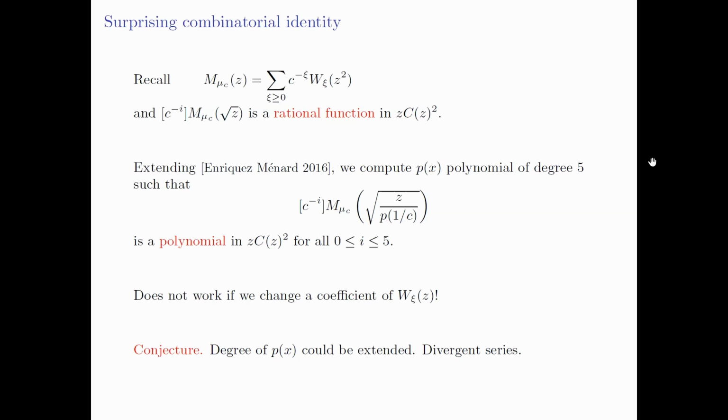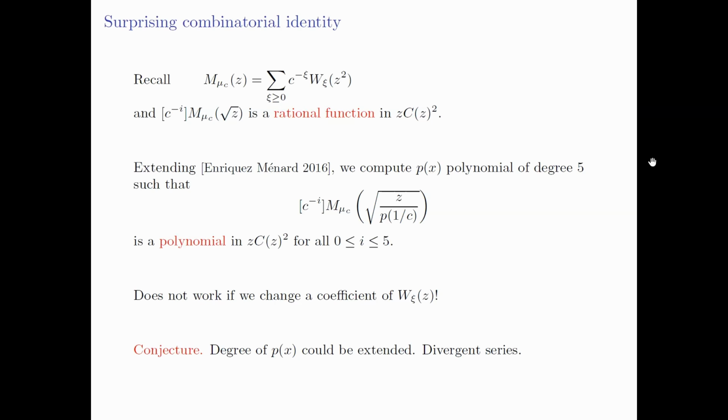So recall that when you look at the ordinary moment generating function and extract the coefficient in C, you get a rational function in C squared. But if we divide by just the right polynomial P in 1 over C and extract the coefficients, if we choose P just right, we can have polynomials in C squared instead of rational functions.